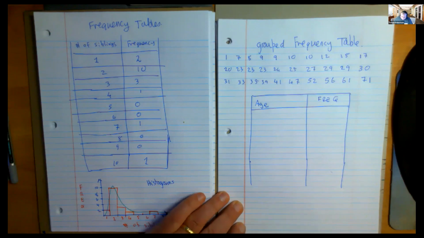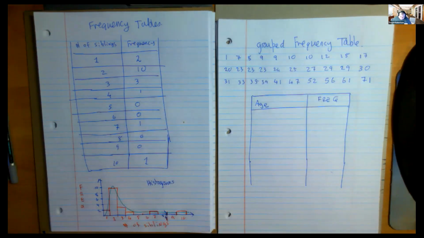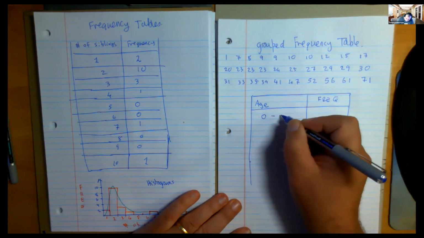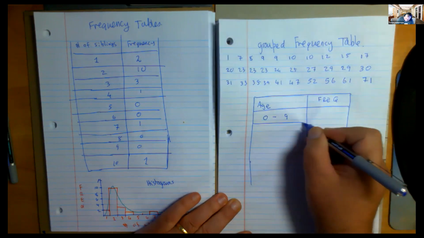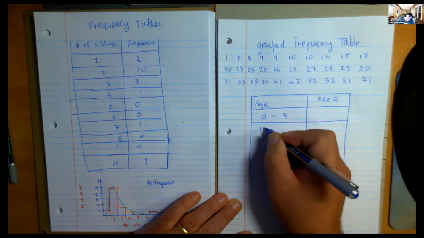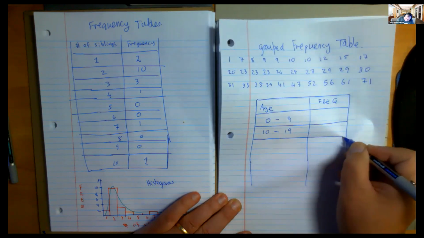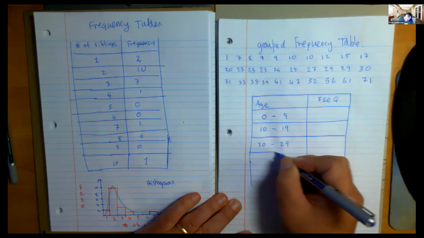Now, I have a lot of choices of how I could split this up. This is how I am going to split it up. I'm going to do a newborn baby who isn't even a year old up to 9. It's going to be my first group. Then my next group is going to be the 10 to 19-year-olds. Then my next group is going to be 20 to 29.